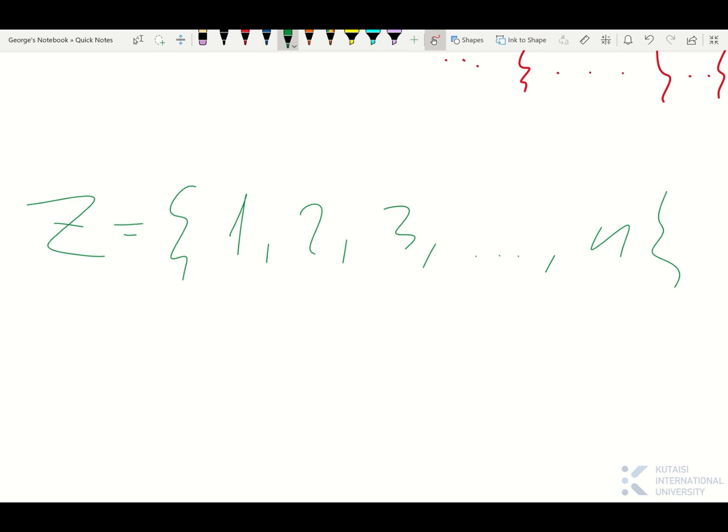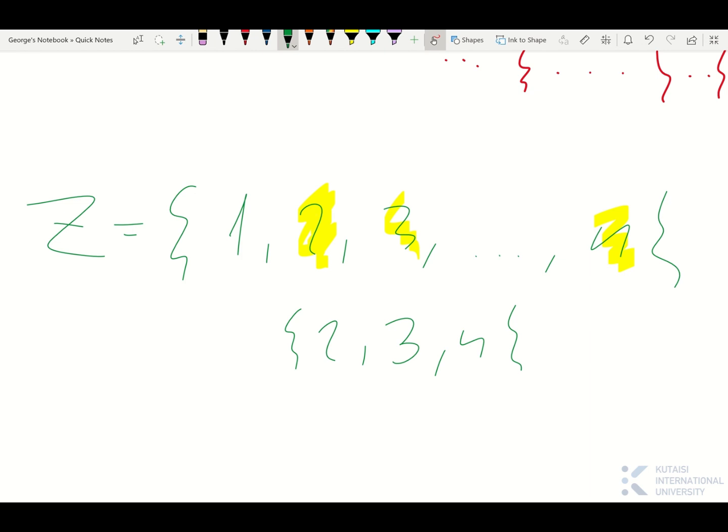Now, what is a subset here? I have to pick which things are in the subset and which things are not. For example, here I picked the subset 2, 3, n. Each element either is in the subset or not in the subset, right?